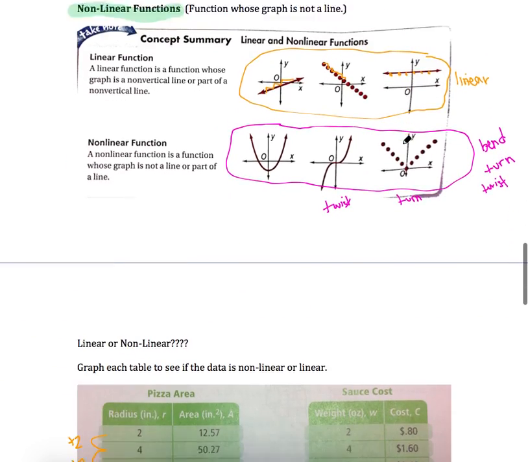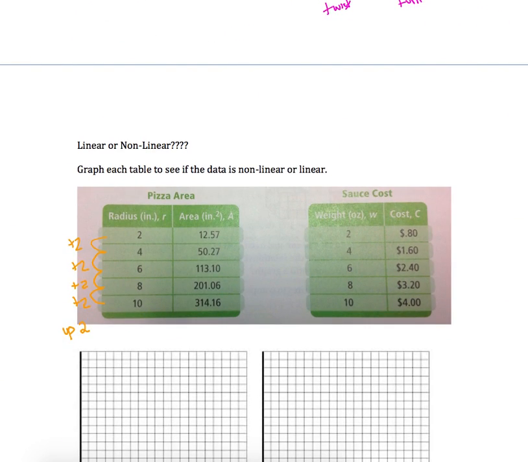Now let's take a look at the y's. I was using purple for y. So for the y's, from here to here, in order to figure that out on our calculator, we have to go 50.27 minus 12.57.